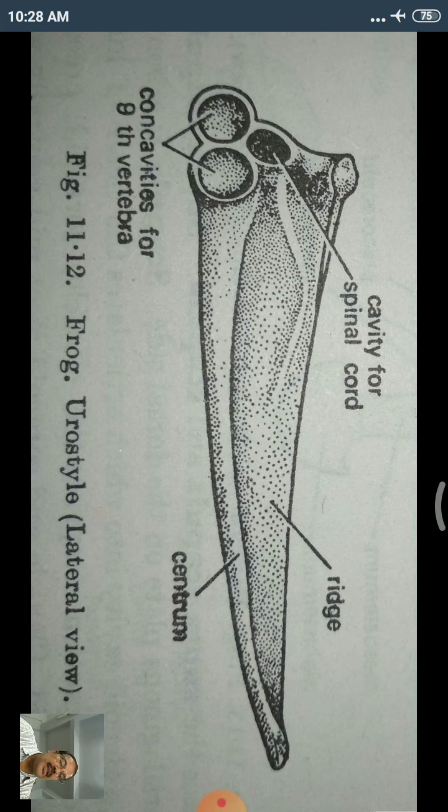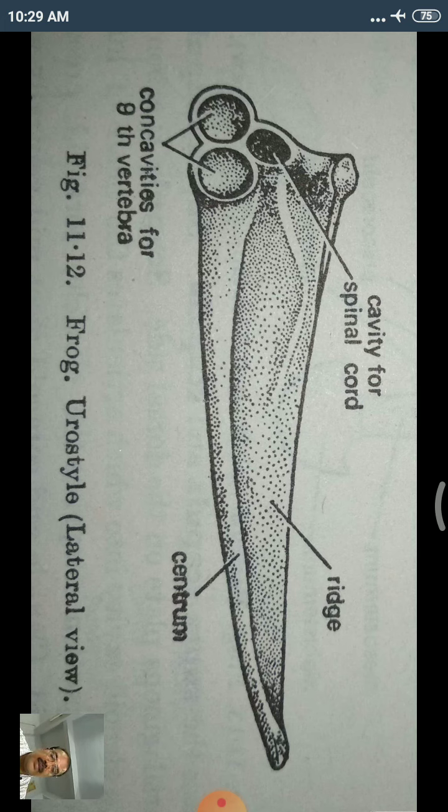Dorsally, it is raised into a vertical ridge gradually tapering posteriorly. Anteriorly, the vertical ridge contains a short narrow canal for spinal cord. Transverse process, pre and post zygapophyses are entirely absent.